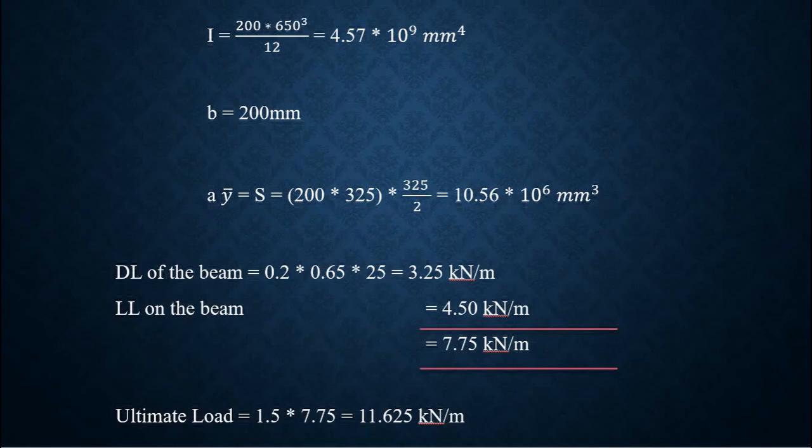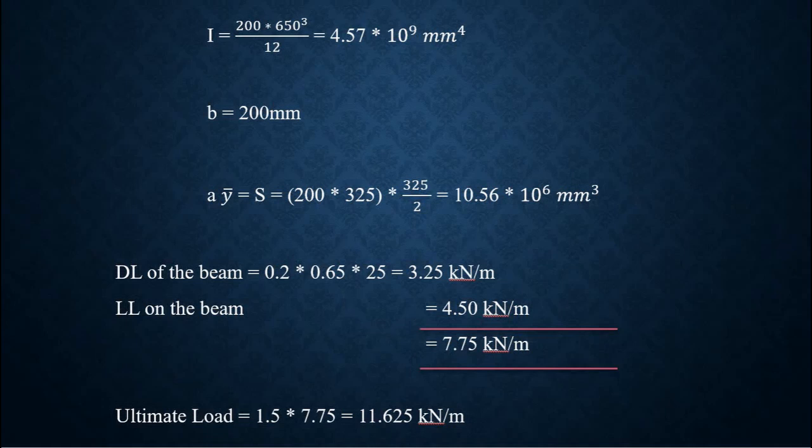Next is the dead load of the beam. Dead load of the beam is 0.2 into 0.65 into 25, that is cross section area. They have given it as 200 into 650 in mm, so convert it into meter, into the density of the concrete. In the question itself they have given the density of the concrete should be taken as 25 kilonewton per meter cube.